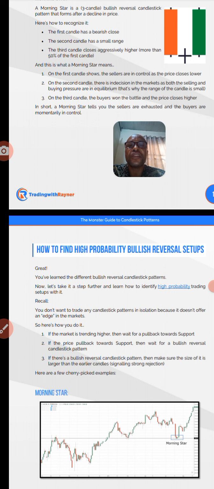You should allow the doji to close, then know what the next candle is going to show. So the doji also means equilibrium. That means nobody wins in the market. On the third candle, the buyers won the battle and the price closes higher.